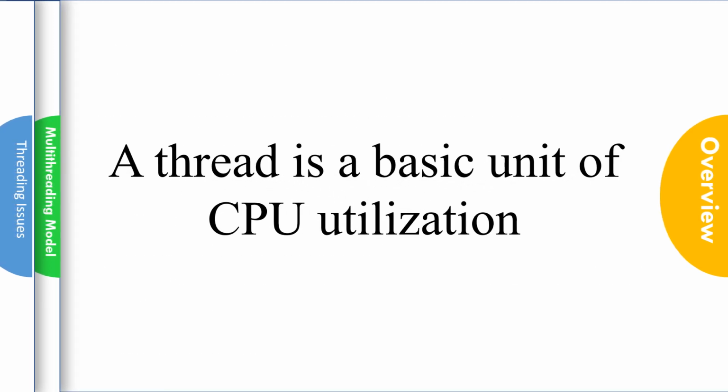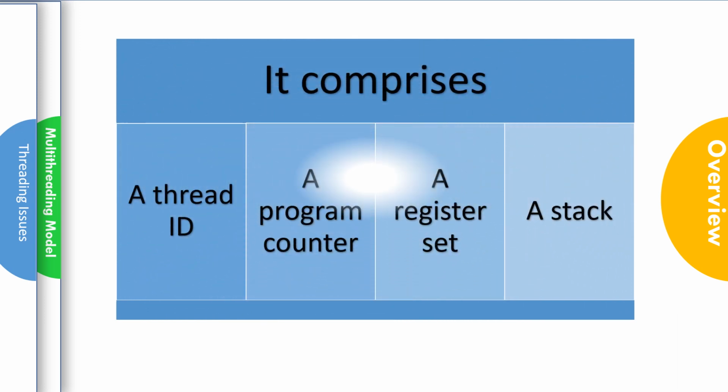So how do you define a thread? A thread is defined as a basic unit of CPU utilization. It comprises a thread ID, a program counter, a register set, and a stack. Now we already know that for a process, a program counter will be there that indicates which instruction has to be executed and all that.